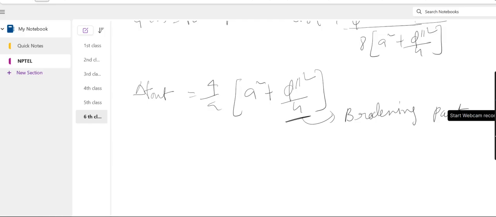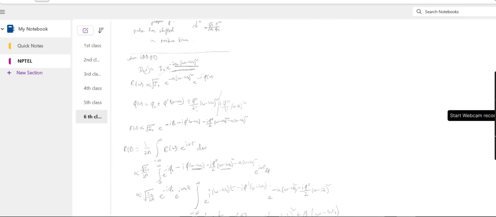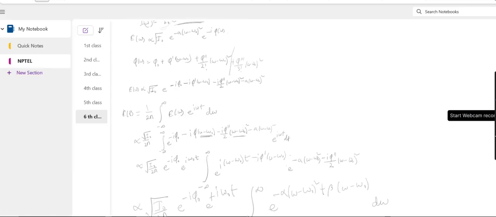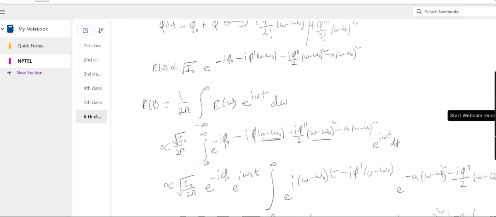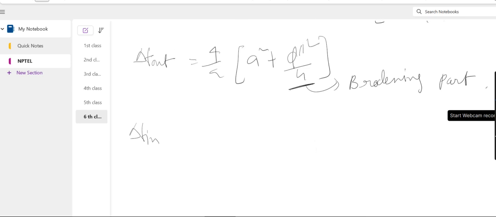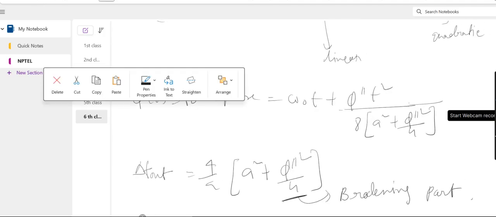Because delta t in would have only a square, delta t out is larger than delta t in. That caused the broadening, and phase has now a quadratic part.